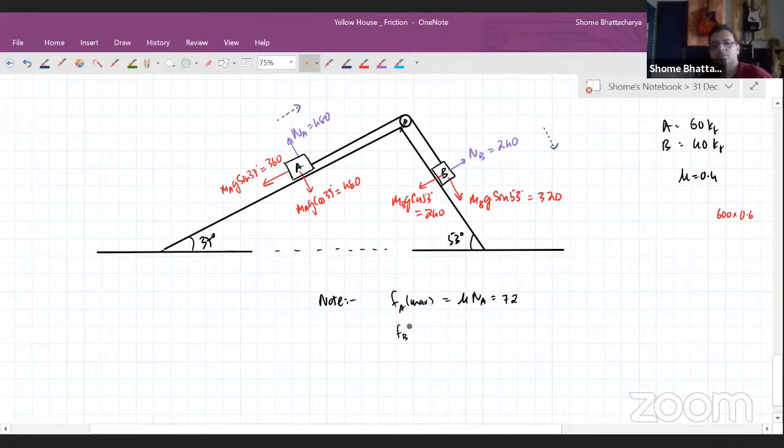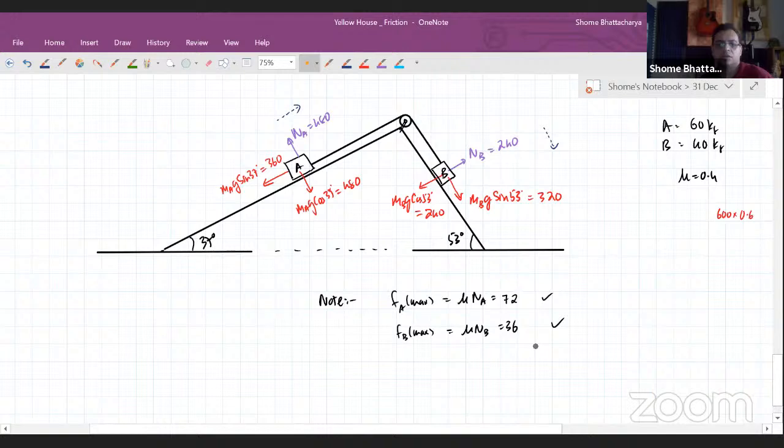And maximum friction on B, that's 30. That this pulling force is 360, this pulling force is 320. So the difference of these two forces is only 40 newtons, and the amount of friction is very large. So most likely what is going to happen here is that friction is going to prevent slipping.